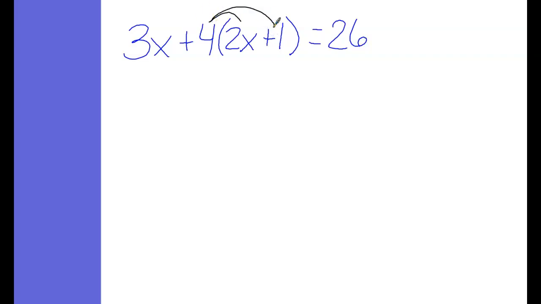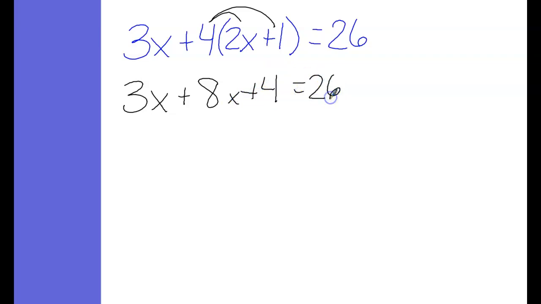So what do you get? 3x plus 8x plus 4. Is everyone okay where she got that? Is there something that I can combine on the same side? 3x and 8x, which gives me 11x.